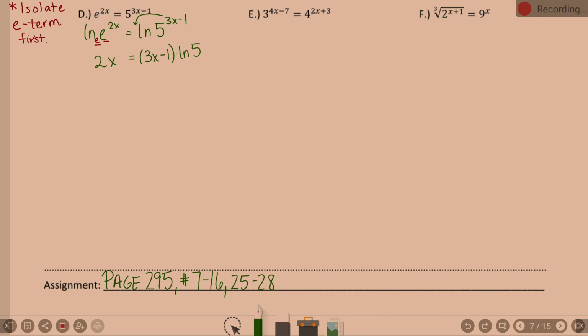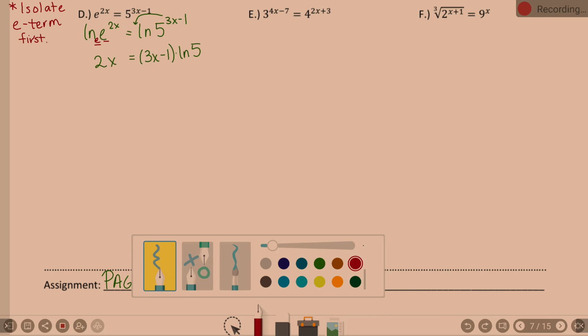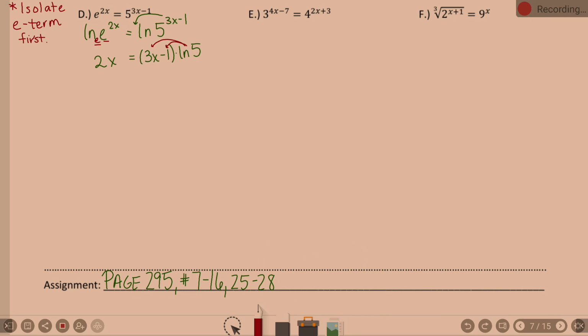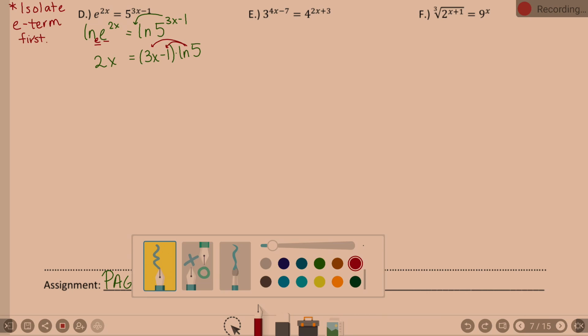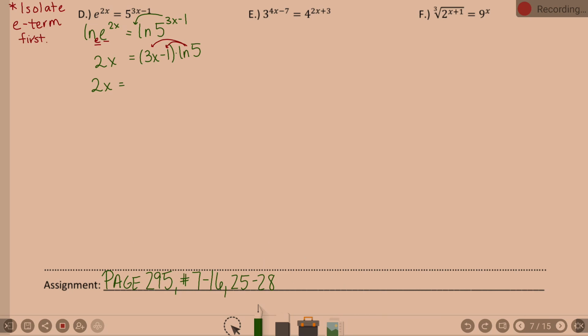It's multiplied by natural log of 5. Take that natural log of 5 and distribute. So my left is going to stay 2x. My right, 3x times natural log of 5 minus 1 times natural log of 5. So I'm just going to say minus natural log of 5.